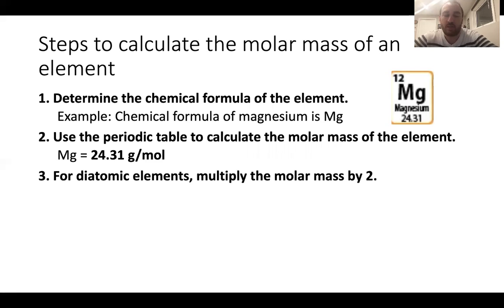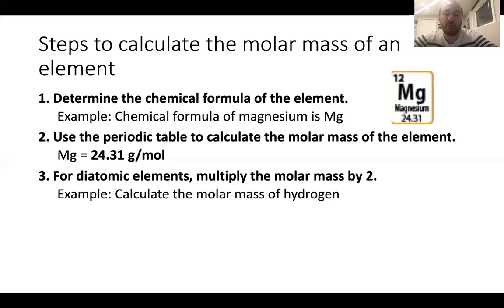Now, when we're dealing with diatomic elements, if you ever have to calculate the molar mass of a diatomic element, we know that the formula for that has a 2 subscript. So we need to multiply the molar mass by 2 because we have 2 atoms.